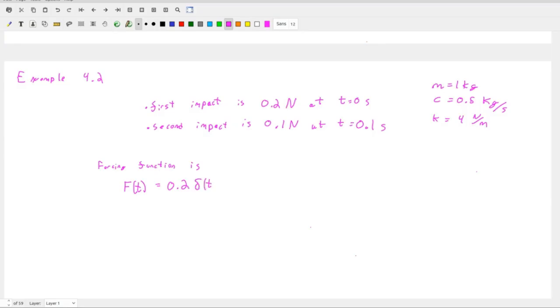Delta of t plus 0.1 delta of t minus tau. So tau is the offset between our first and second impacts.